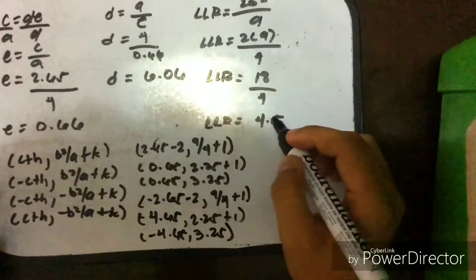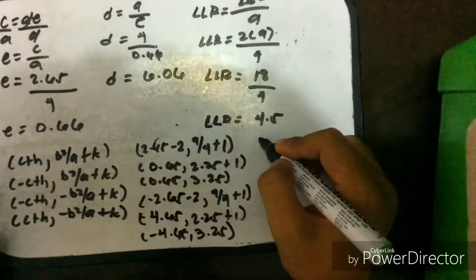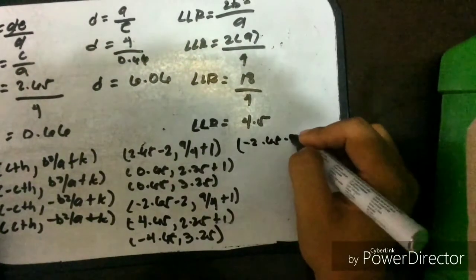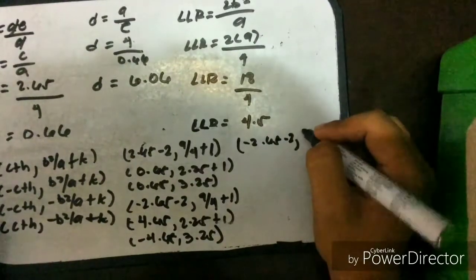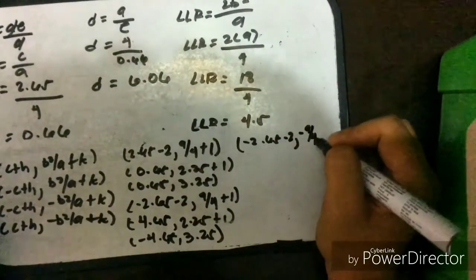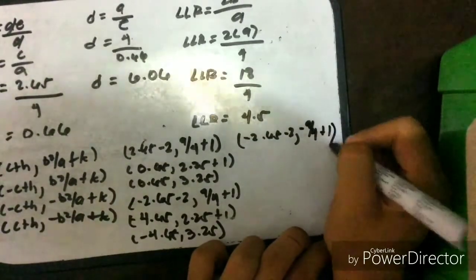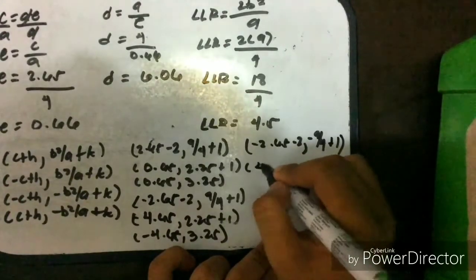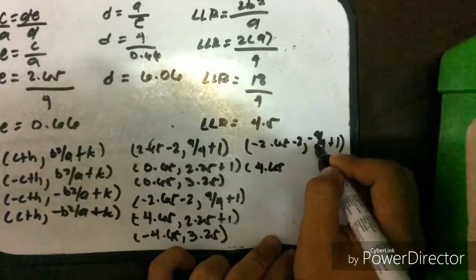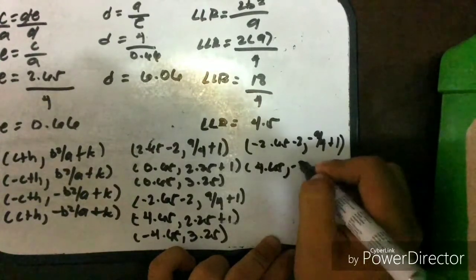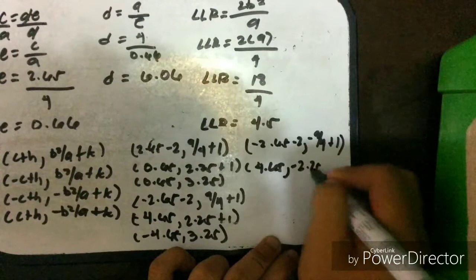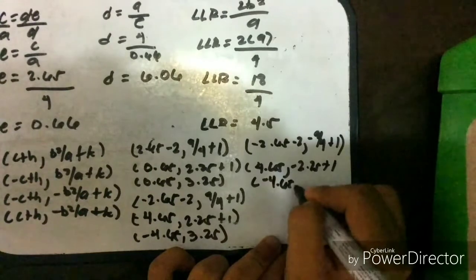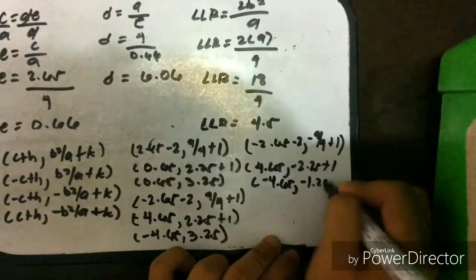So for the coordinate number 3, negative 2.65 minus 2 and negative 9 over 4 plus 1. So negative 2.65 minus 2 is negative 4.65. Then negative 9 divided by 4 is negative 2.25 plus 1. So negative 4.65 and negative 1.25.